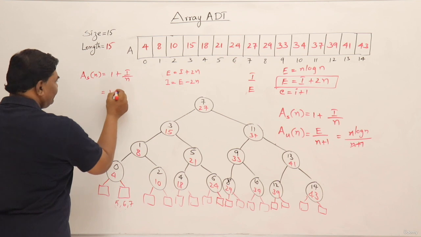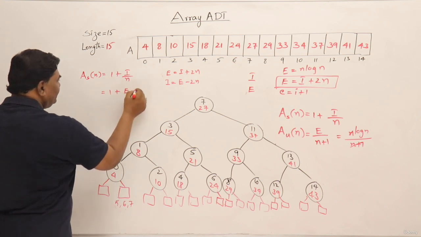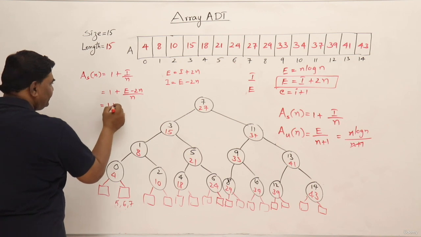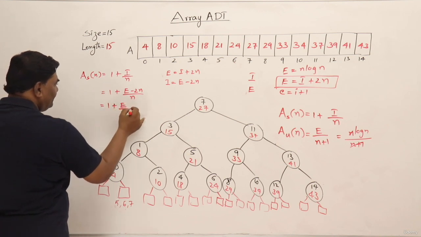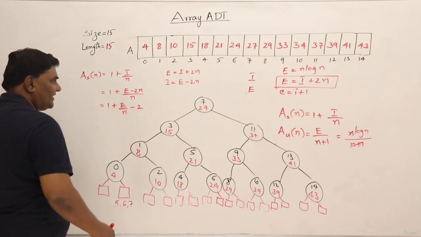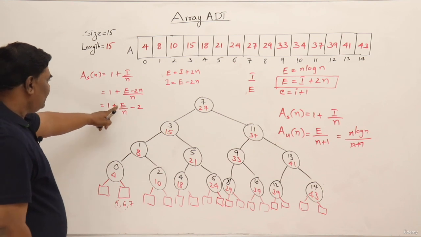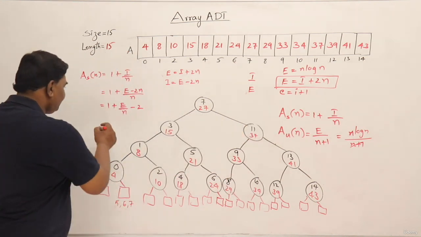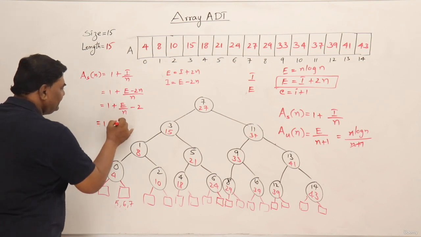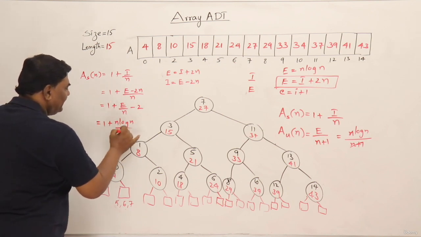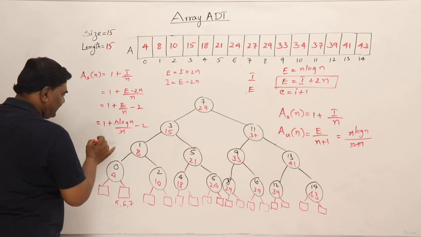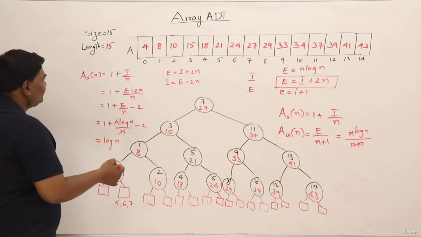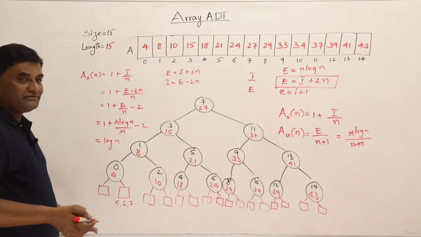So this can be written as 1 plus (E minus 2n) by n. This can be written as 1 plus E by n minus 2. Now E, what is E? Already we know the answer, that is n log n. So this can be taken as 1 plus n log n by n minus 2. So this gets cancelled, and this is approximately log n. So average successful search time is also log n.